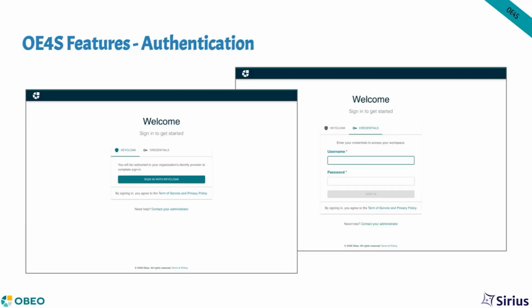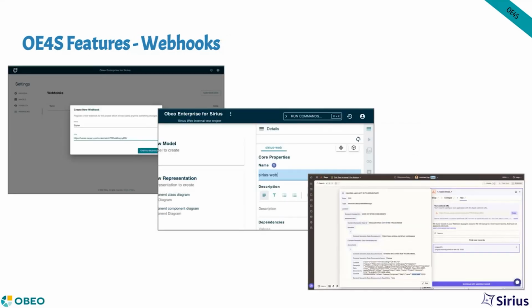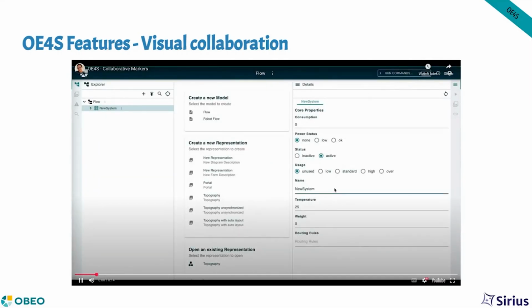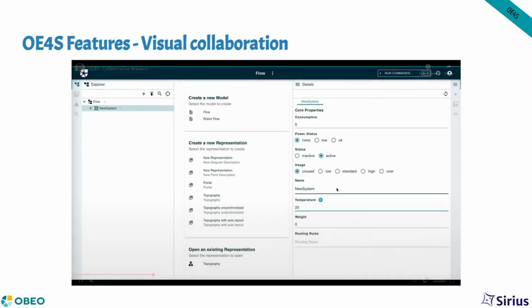And from that architectural base, Obeo Enterprise for Sirius introduced a set of features aimed at enterprise usage. First of all, authentication support with OAuth2 or username and password, webhook integration, and visual collaboration to prepare the platform for more advanced capabilities in the future.